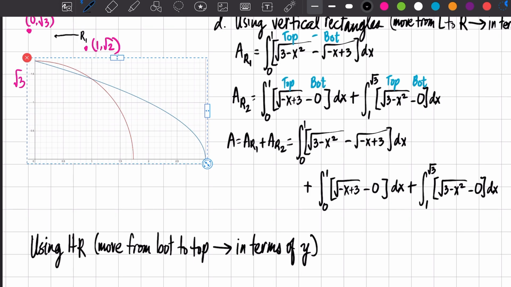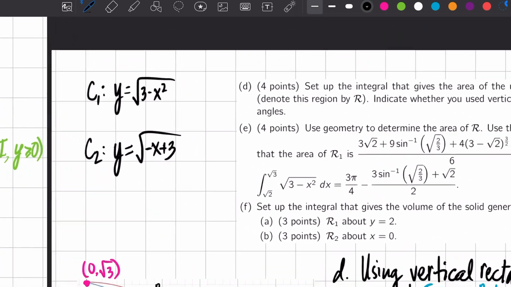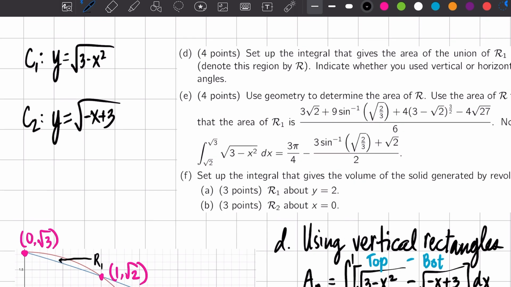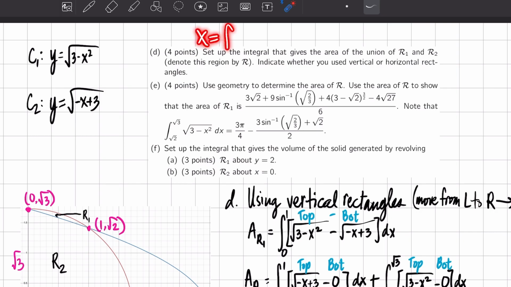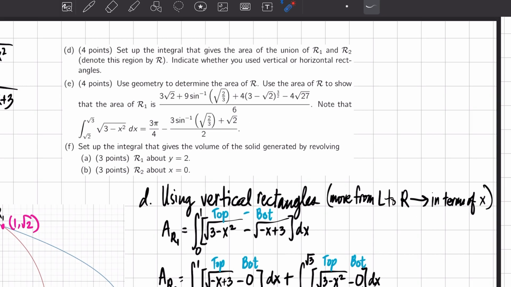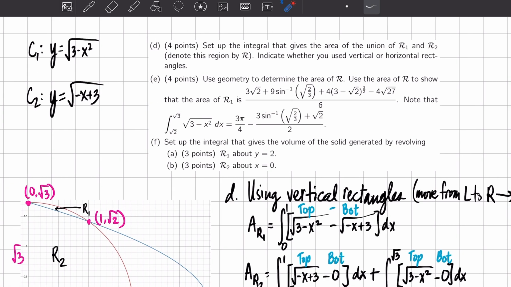Now going back, our functions are of the form y equals f of x. So the challenge now is to write our functions in the form x equals f of y. Okay, let's do that right here.